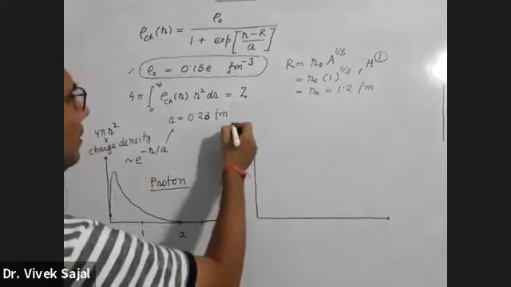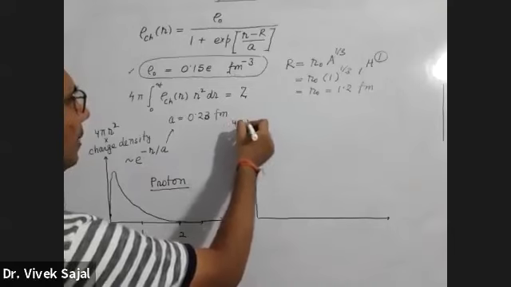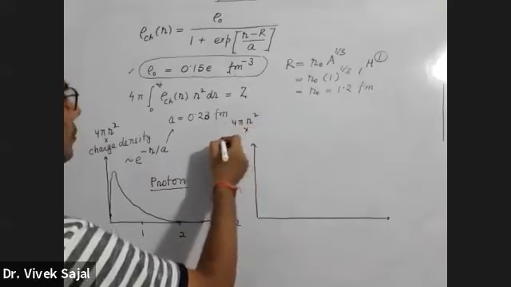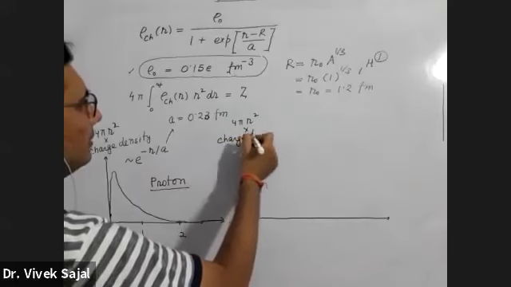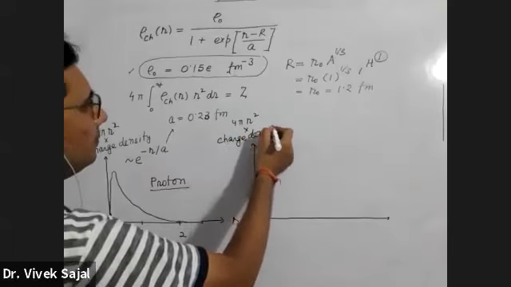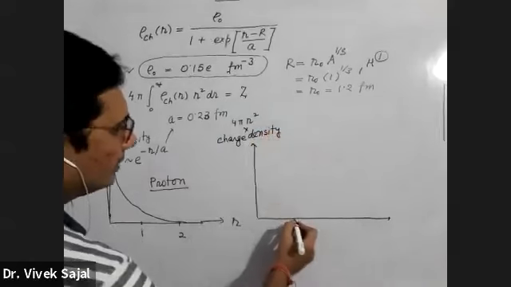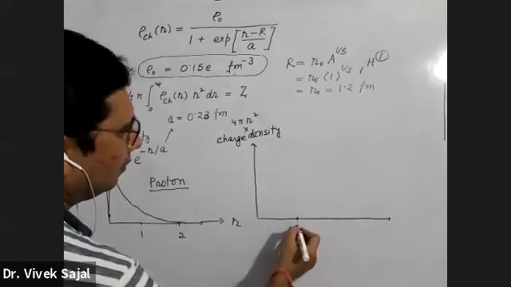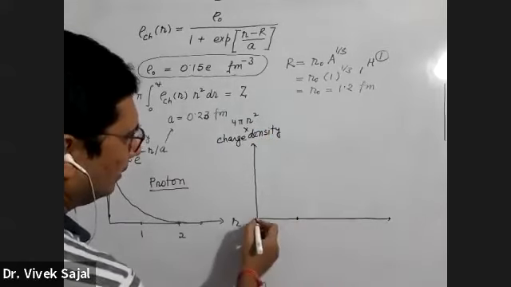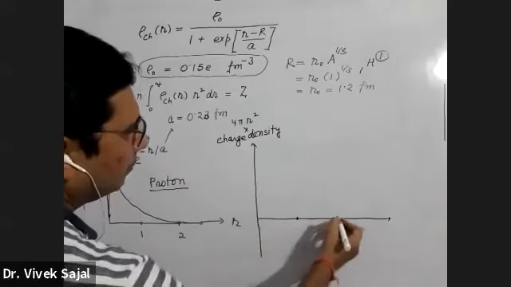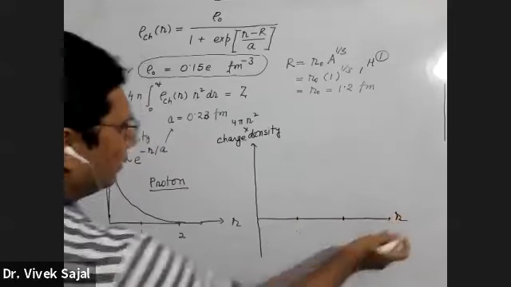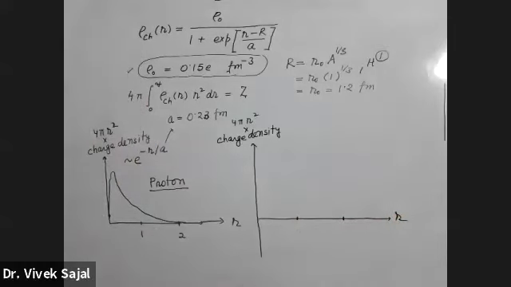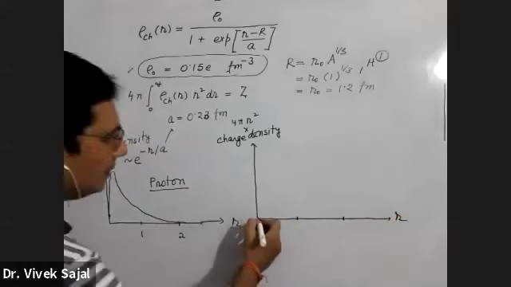Here we again have 4 pi R square into charge density on the y-axis. Suppose this is 1 Fermi, this is 2 Fermi, this is R. What type of structure is it? It has this type of structure.